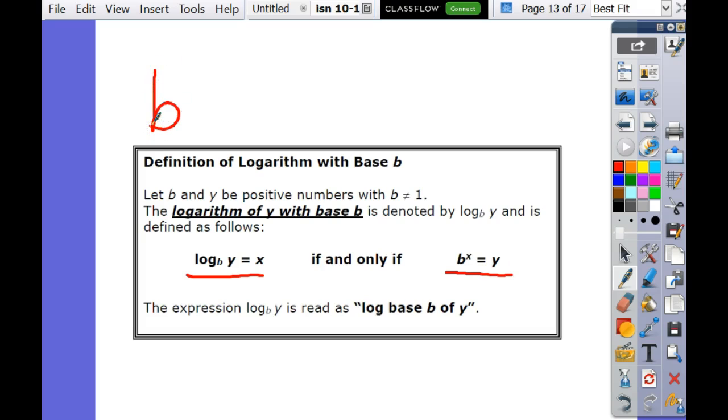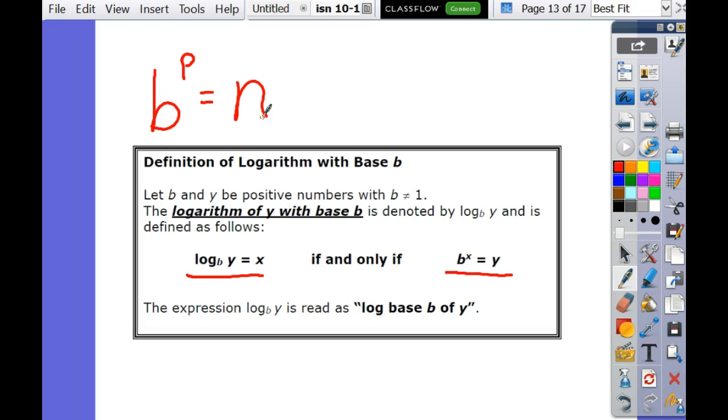B is the base. Write this on your paper above this box. P is the power, and that would be equal to some number. That's what we did in the last unit. We had exponential type equations.